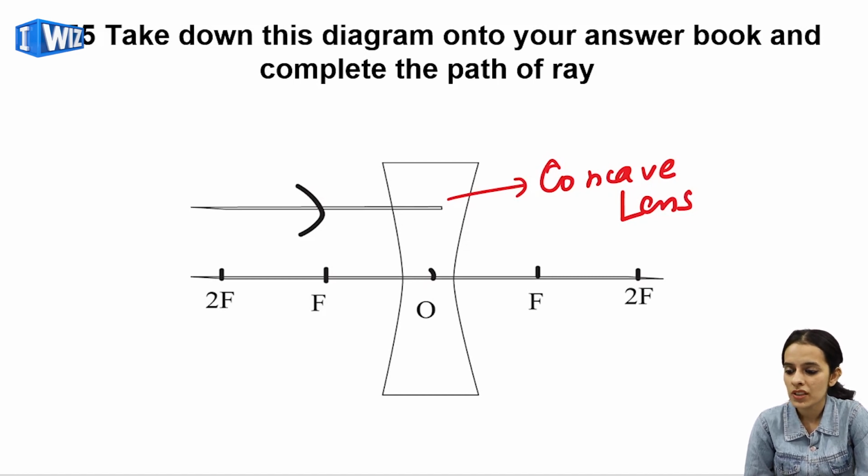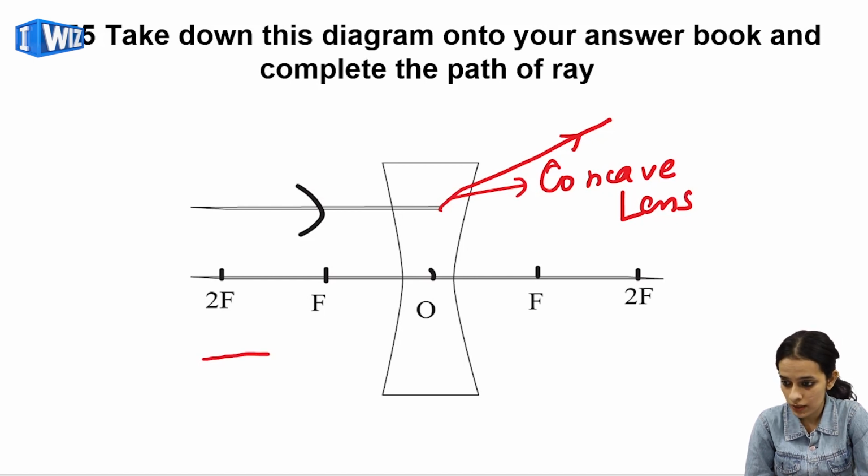So tell me what will be the path of the ray of light. As we can see, the ray of light is coming from infinity, and it's a concave lens. So after striking at the optical center, the ray of light will go like this. Obviously it's a concave lens, so it will diverge the rays of light falling on it.